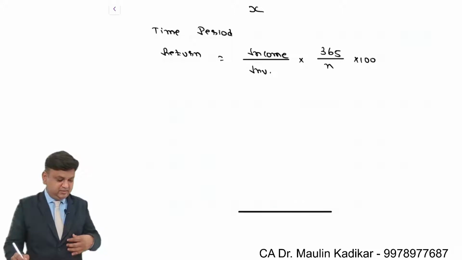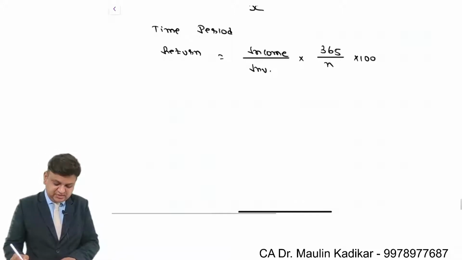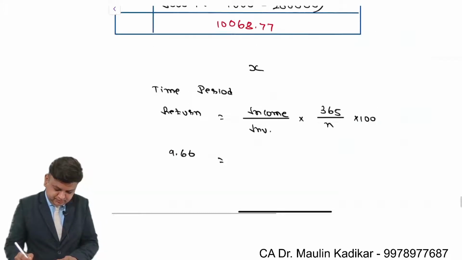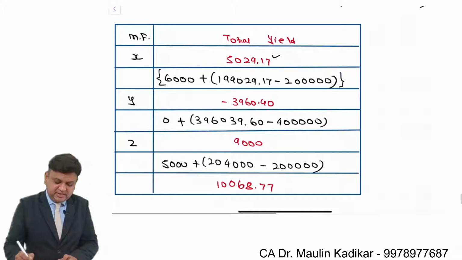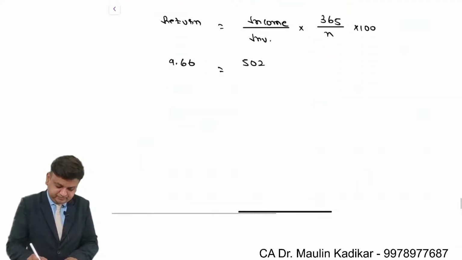This is what we understand. As far as mutual fund X is concerned, the return is 9.66. As far as the income is concerned, 5029.17, upon investment is 2 lakhs.